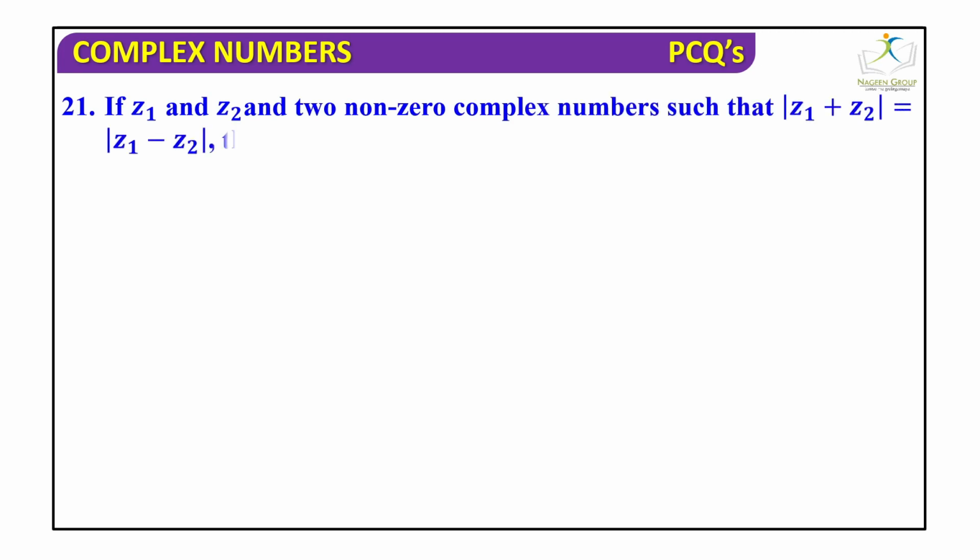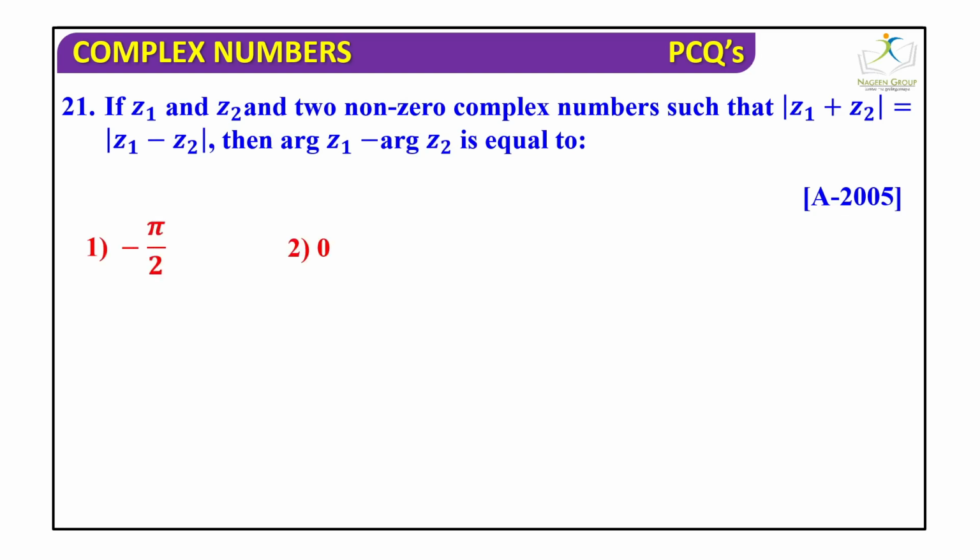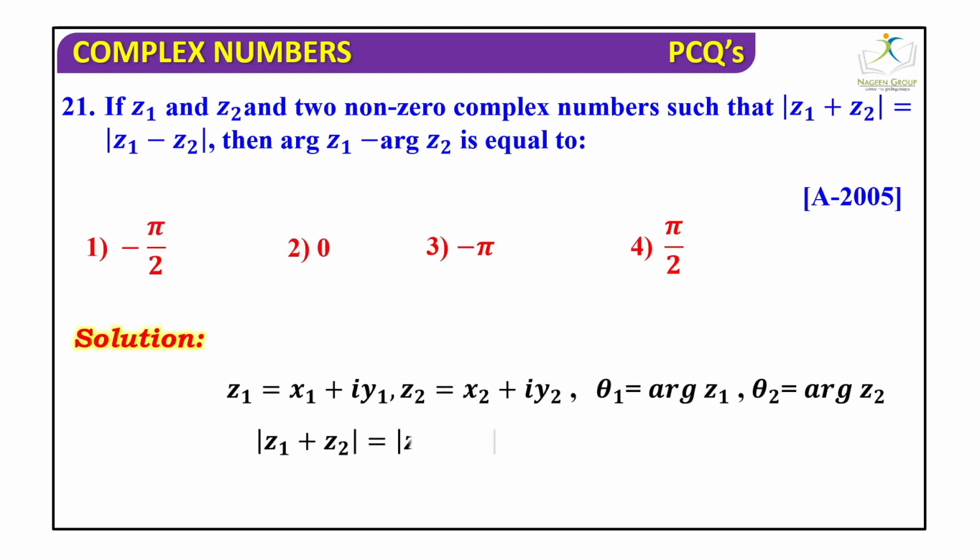If z1 and z2 are two non-zero complex numbers such that modulus of z1 plus z2 equal to modulus of z1 minus z2, then argument of z1 minus argument of z2 is equal to. From here we need to find out the values. So first of all, take z1 x1 plus iota y1, z2 x2 plus iota y2, theta 1 it is argument of z1, theta 2 it is argument of z2.